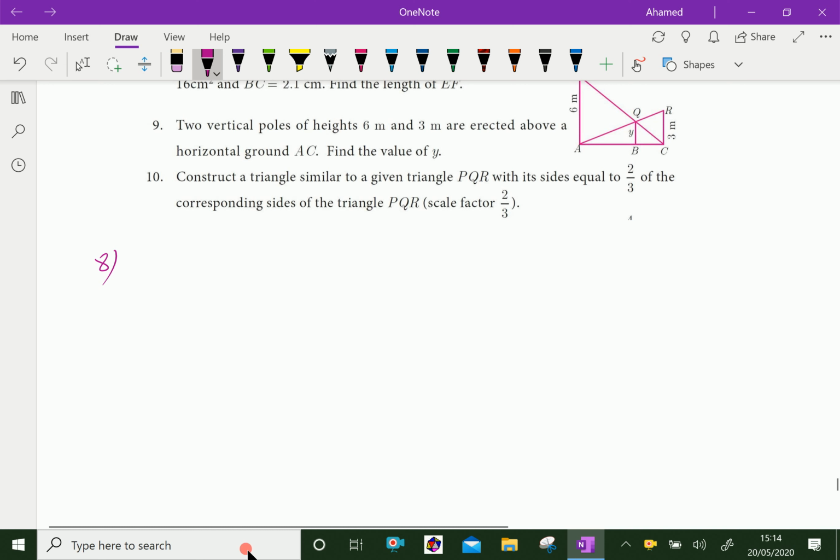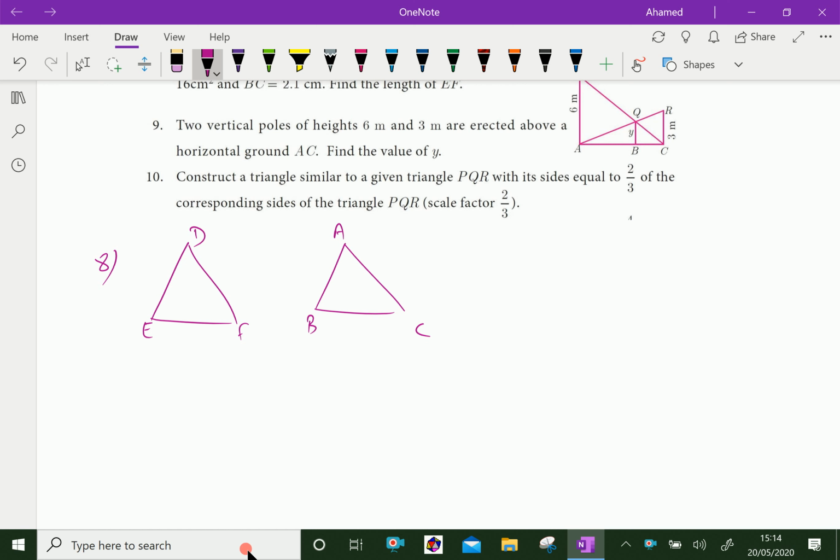We write the two triangles here, DEF and ABC.